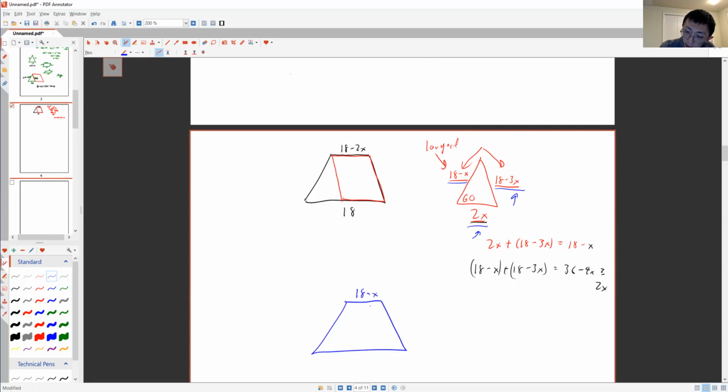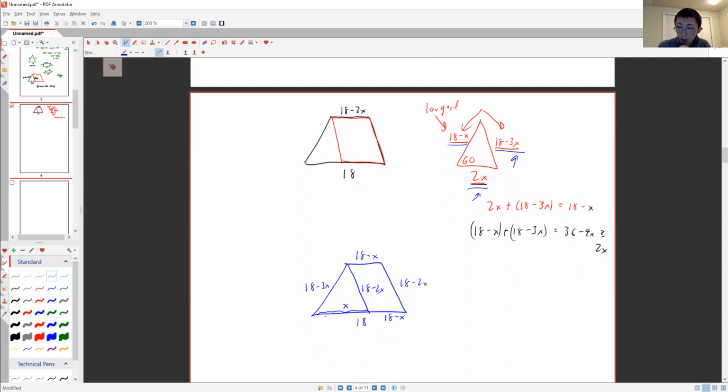So 18 minus x, 18. We remove this parallelogram. This is 18 minus x, meaning this is just x. Then 18 minus 2x, 18 minus 2x, 18 minus 3x. So let's see, we have this triangle. Does this fail the triangle inequality?